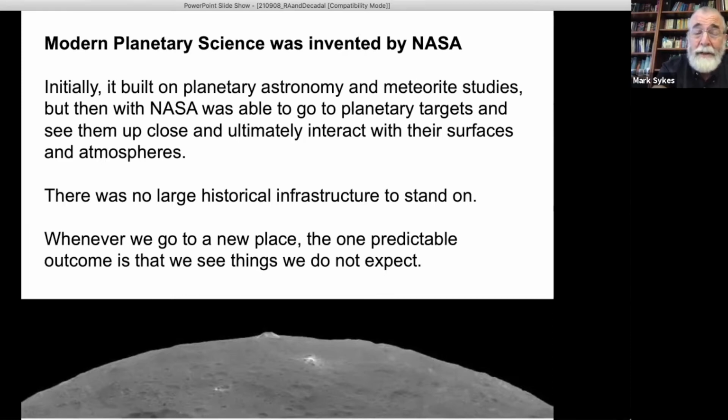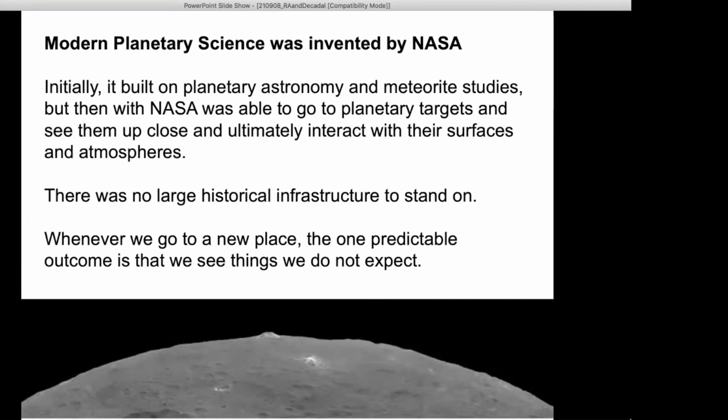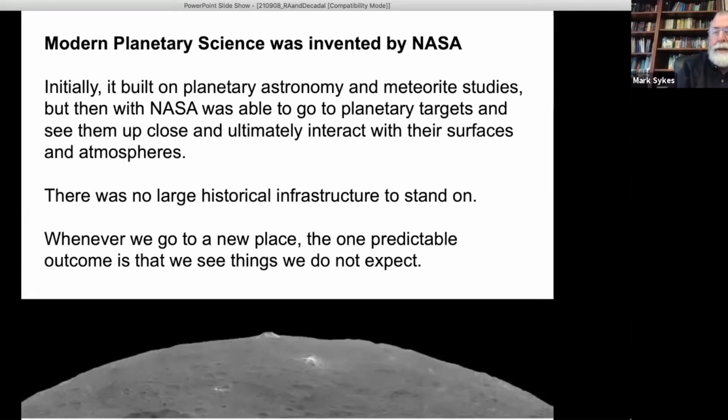In fact, the one thing we can say with certainty is that when we go to a new place, wherever it is in the solar system, we're going to see stuff that we didn't expect, like, what the heck is that? What's going on there? This is pretty common in modern planetary science, and not quite as extreme in other areas.